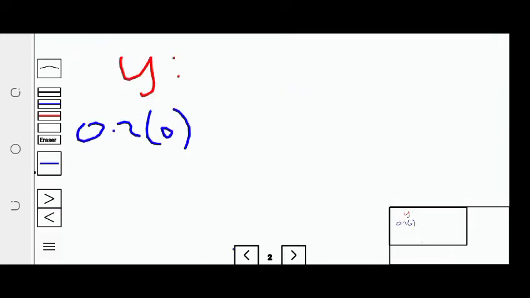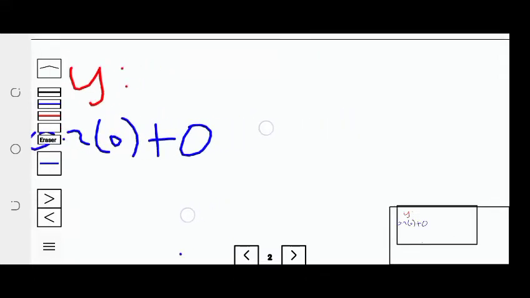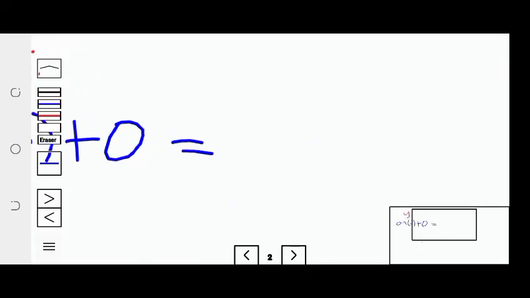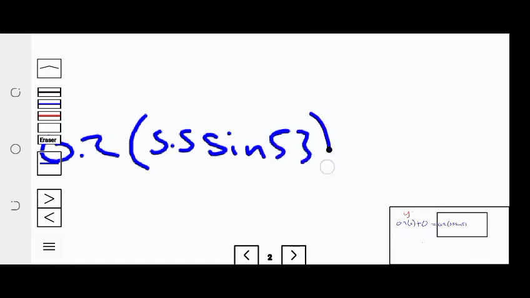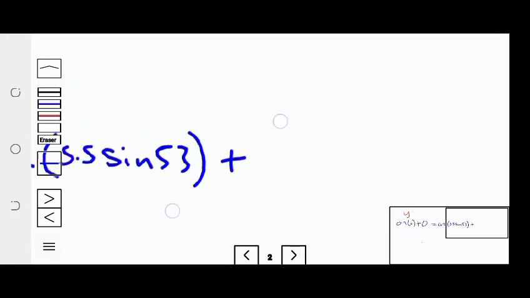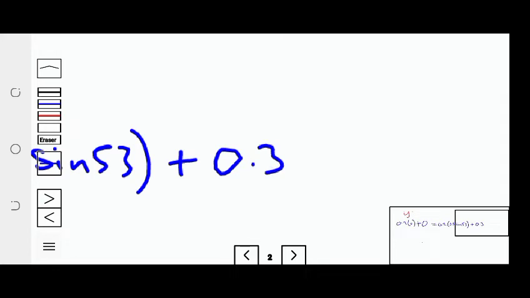So 0, plus of course the momentum of the stationary puck was 0, is equal to, in the y, our small puck, the 0.2, moving at the speed of 5.5 sine 53. We are getting just the y component of that, plus the 0.3, let's call this one VB2y.